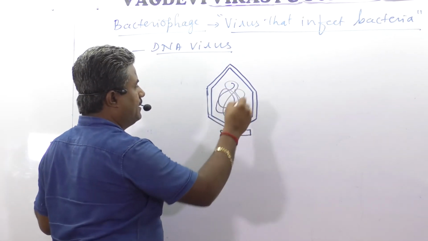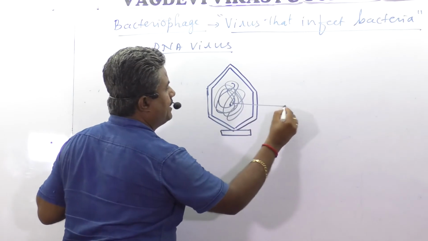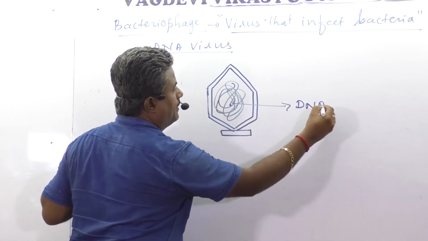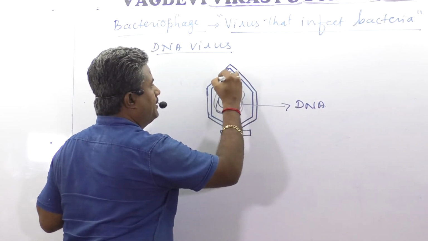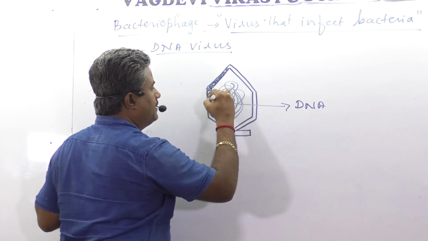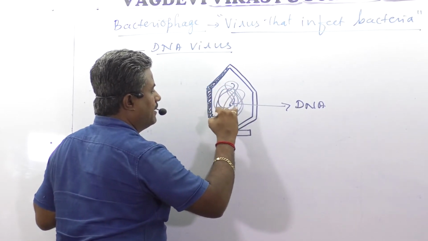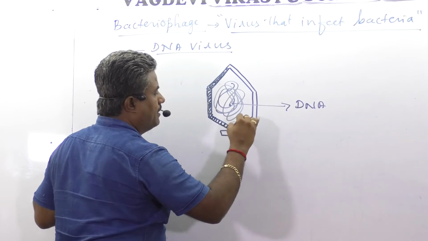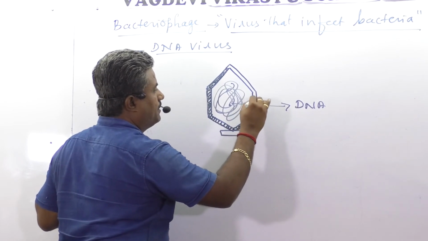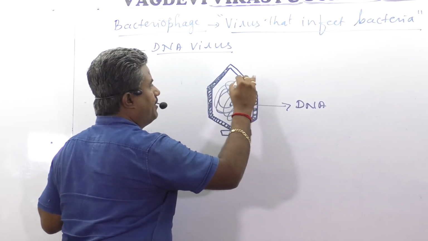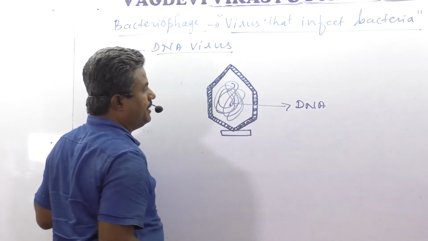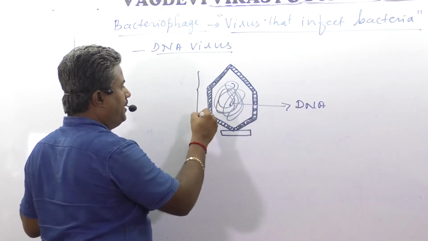Inside this, DNA is present, and this is the capsomere or protein coat. Head is made up of capsid or protein.